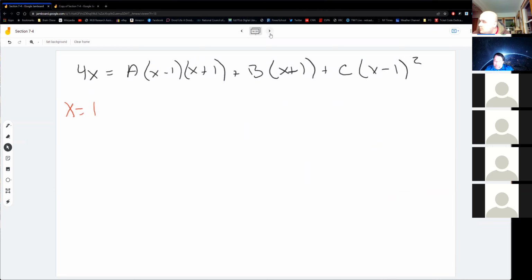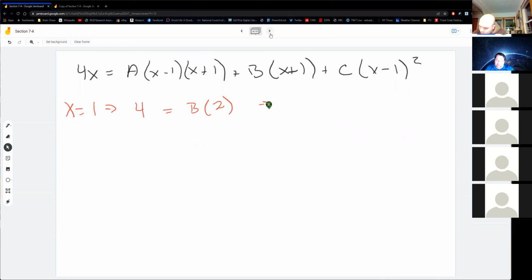So let's look at this one. Remember, we're looking for numbers that we can plug in to get rid of things. In this case, I can plug in 1 and things are going to disappear. On this side, I have 4, the A is gone, and the C is gone. So this is just going to equal B times 2.